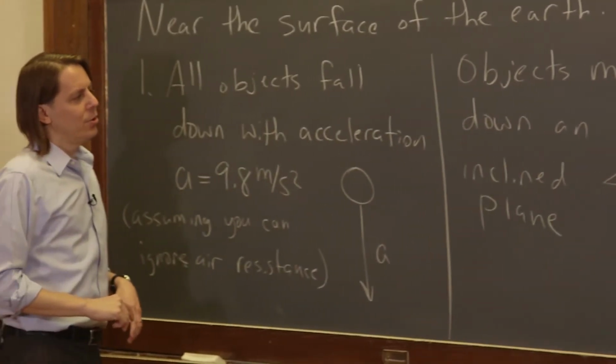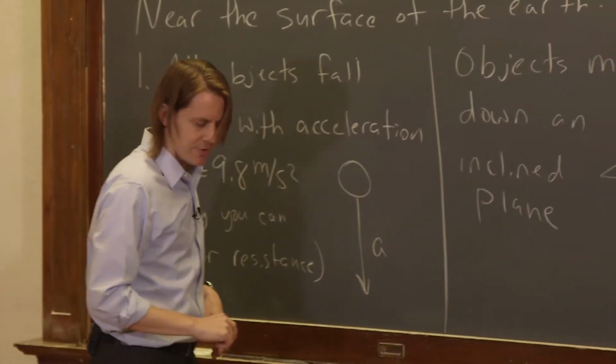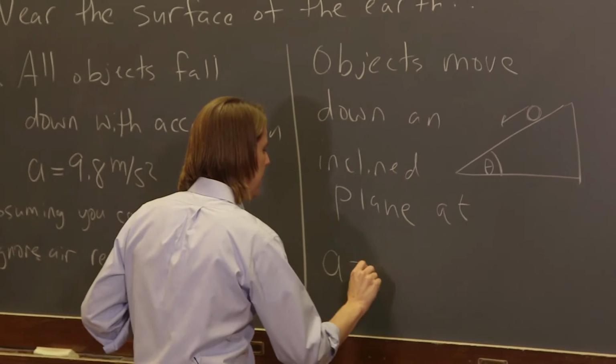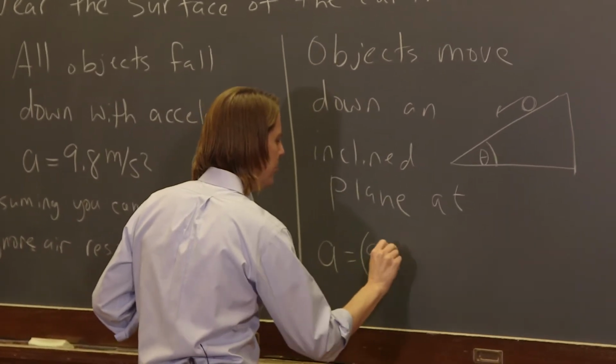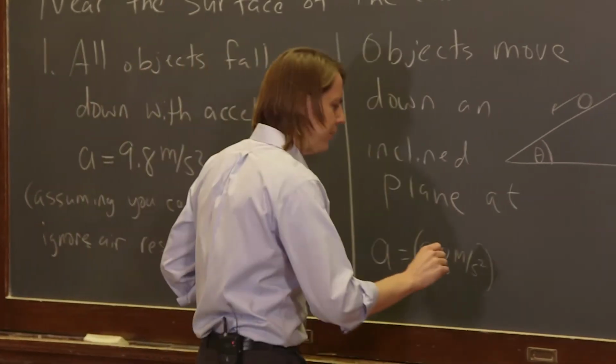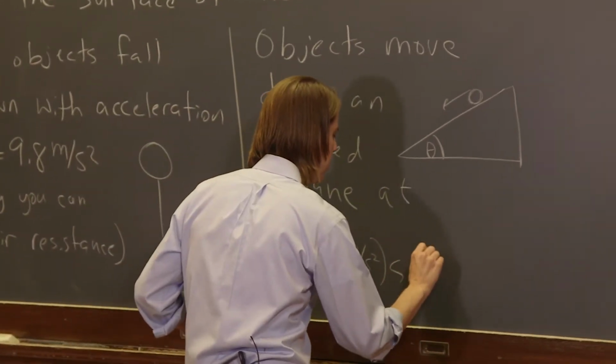If a ball goes down that plane, the acceleration looks like this. a equals that same number, 9.8 meters per second squared, the free fall acceleration, times sine theta.